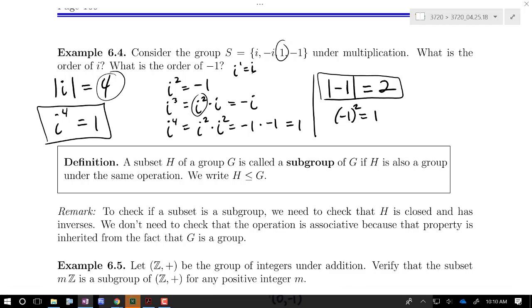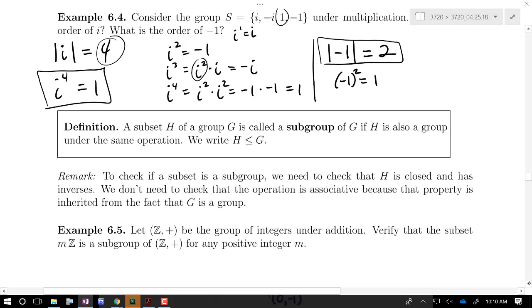In fact, we got all of these elements. We'll talk more about what that means as far as the structure of this group goes. But that's significant, and it doesn't always happen. Notice that doesn't happen with negative 1. With negative 1, negative 1 to the first is negative 1, and negative 1 squared is 1. I'm not going to generate i or negative i just from working with negative 1.